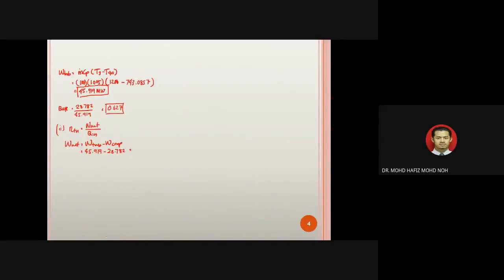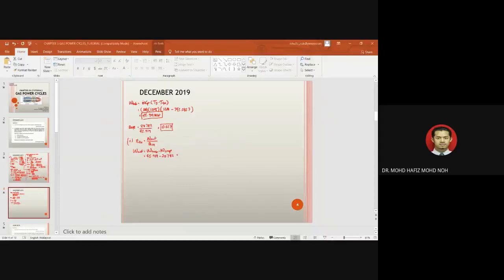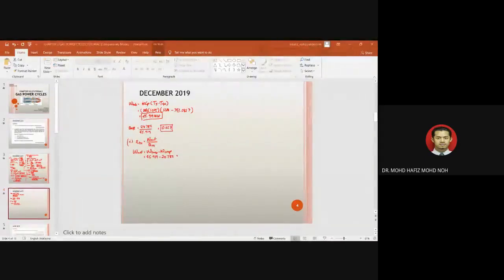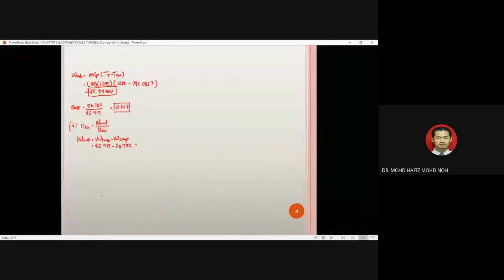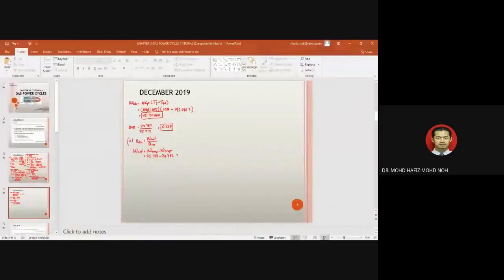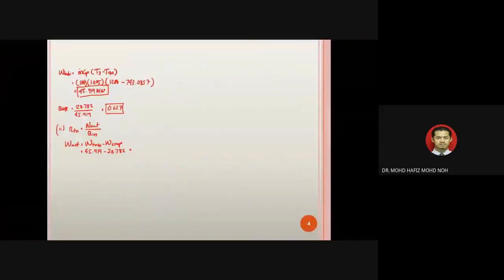So from here, the value of W net is equal to 17.137.